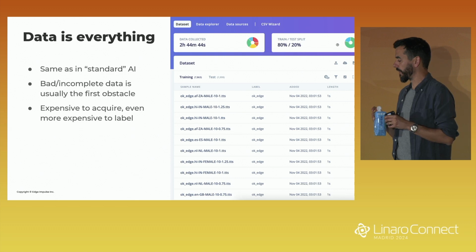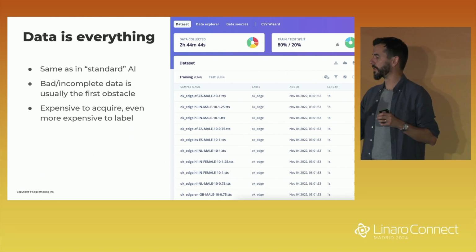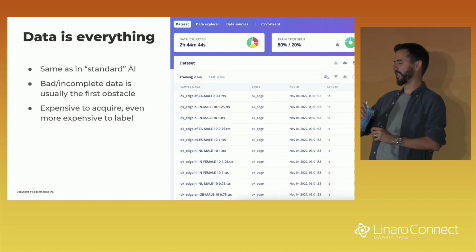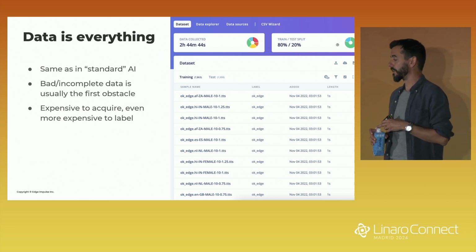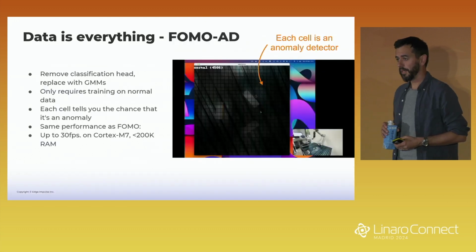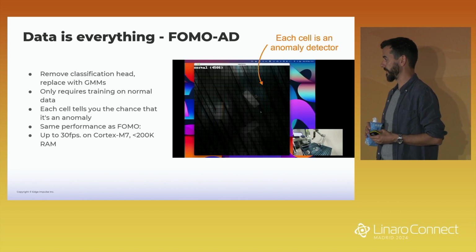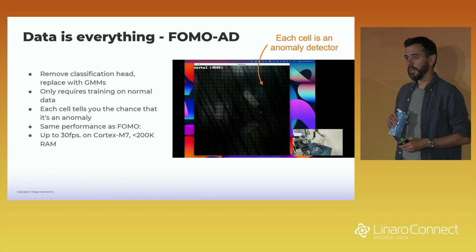At first we thought we were in the business of optimizing models, making them fit in these MCUs, like super crazy compilers and all. Turns out we're in the business of educating customers and the industry about how to have good data to begin with, how to capture good data, and how to label good data.